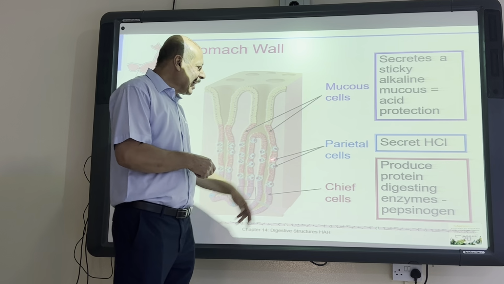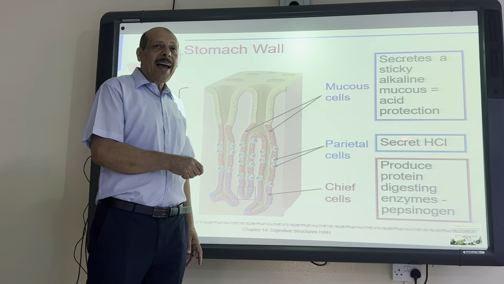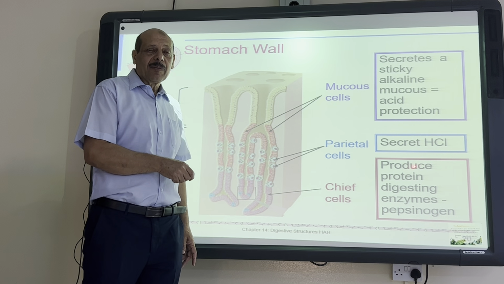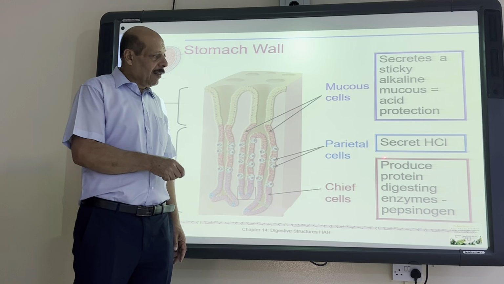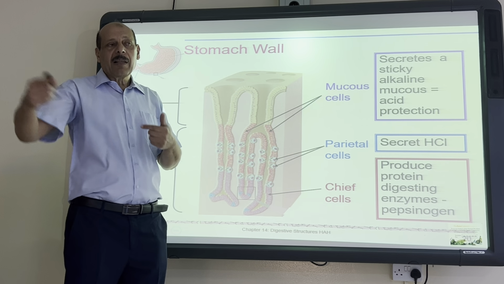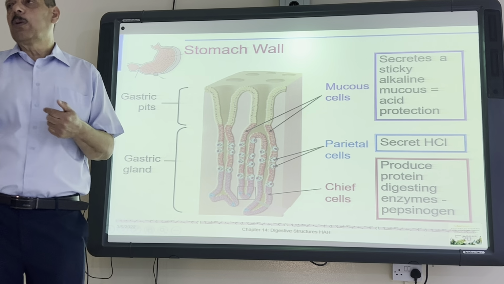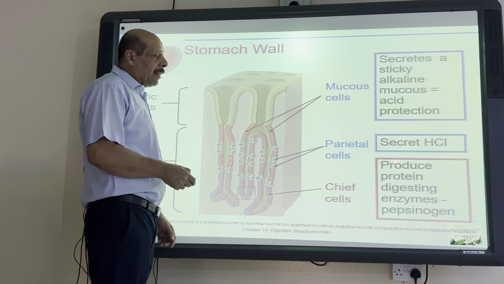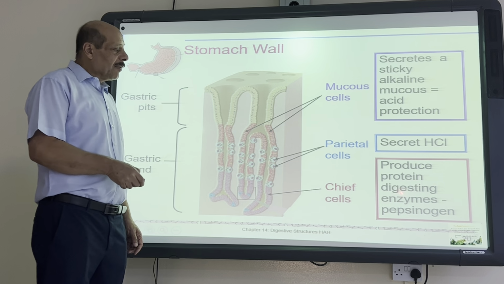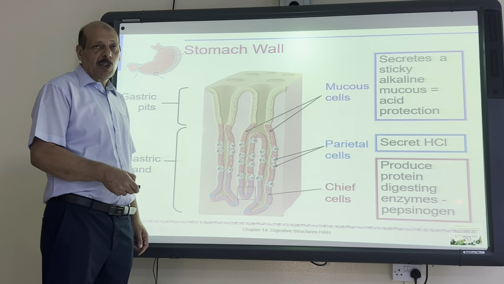The parietal cells produce the HCl, the hydrochloric acid, that will help in the chemical destruction of the food particles. Then the chief cell produces the pepsinogen, which is an enzyme.